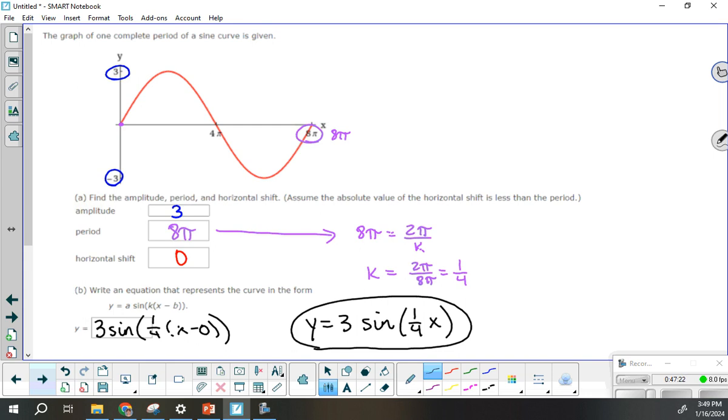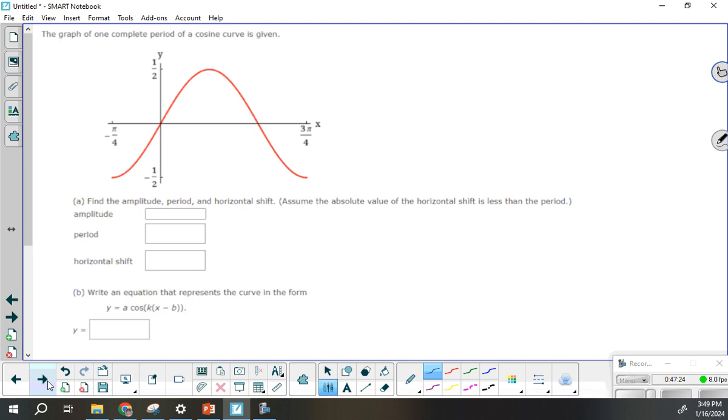Okay, now this one. Same kind of deal, but you can tell here we've had a phase shift. So first of all, amplitude. What did we go up to and down to? We went up to 1/2, down to -1/2. So amplitude is 1/2. Remember, amplitude is always positive. Period. How do I get my period?